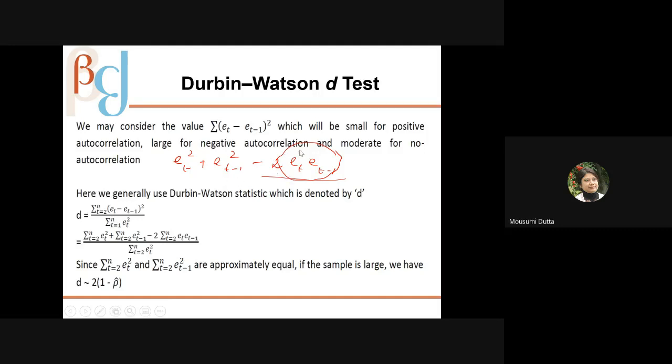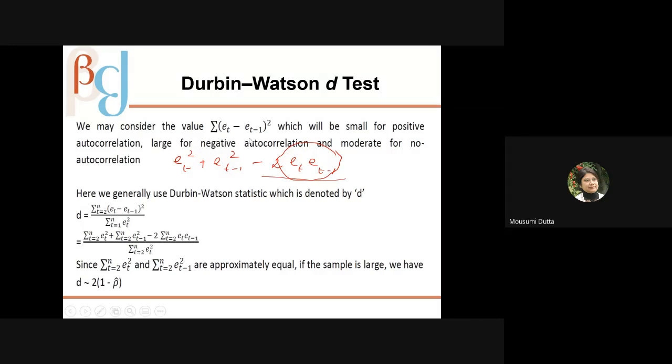With no presence of this part, it will be summation et square plus et minus 1 whole square, so it is moderate. When the correlation is positive, something will be subtracted, so it will be small. When the correlation is negative, something will be added, so the value of this whole square will be large. This is the idea. Is it okay to everyone?